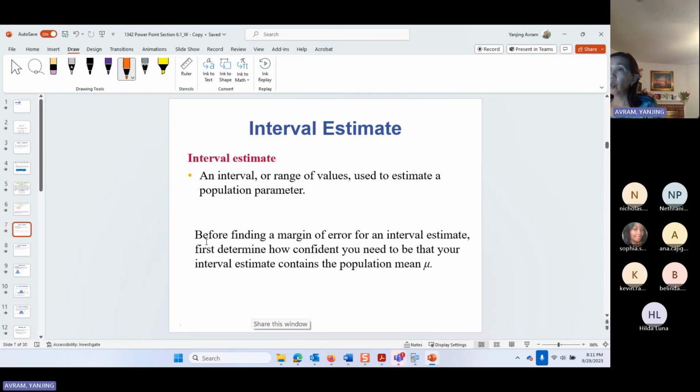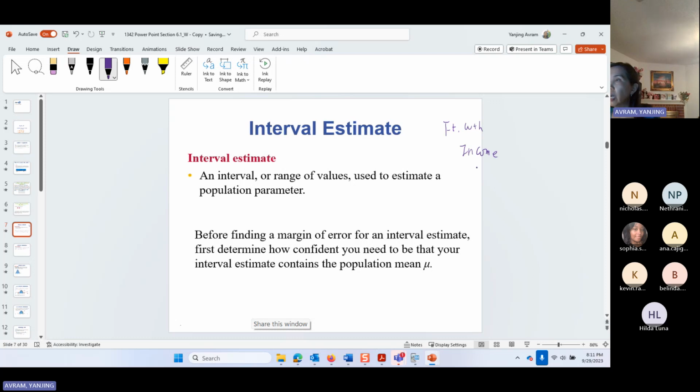All right. So before finding the margin of error of the interval estimate, first determine how confident you need to be that your interval estimate contains the population mean. For example, I'm still using my Forward household income.